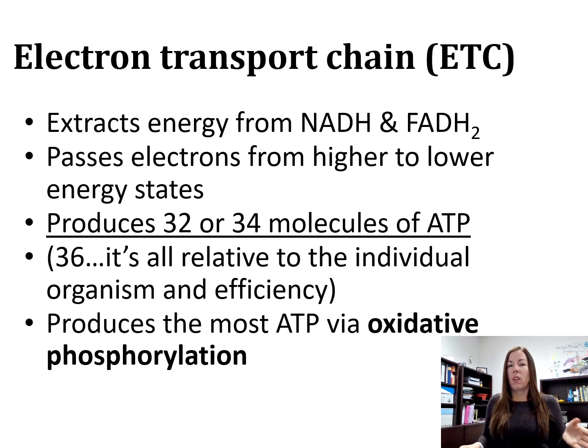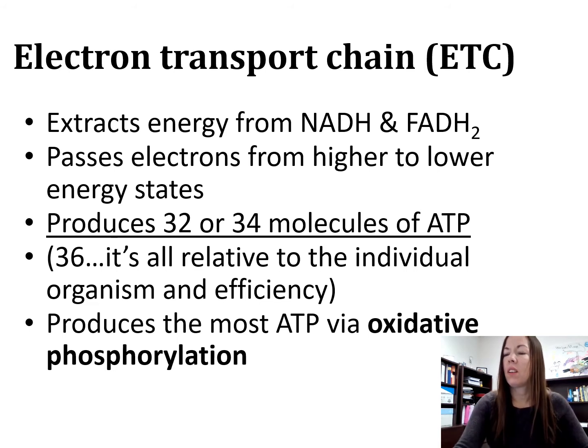So we mentioned earlier that NAD and FAD, or NADH and FADH, are big electron carriers. They carry electrons that are attached to hydrogen molecules. And so NAD picks up an H, FAD picks up an H, and carries them down the electron transport chain. So you're able to actually make a ton of ATP using this process.